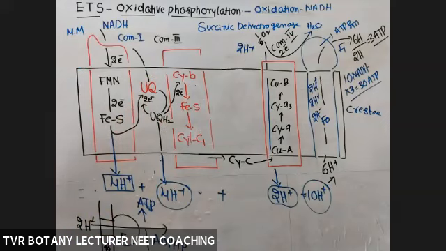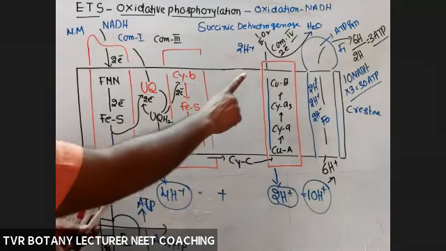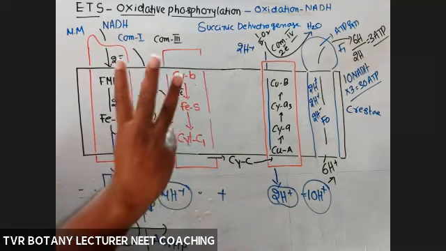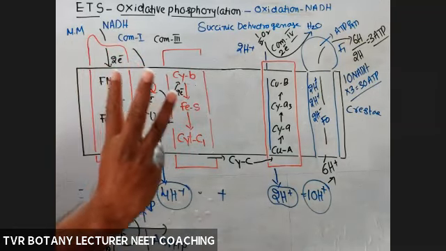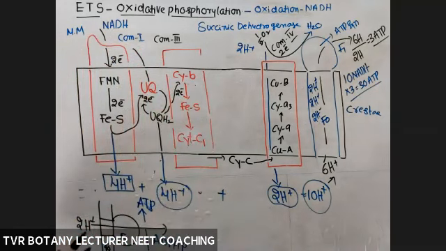Take that one. Of course, the glycerol phosphate shuttle system and malate-aspartate shuttle systems are there, but they didn't explain them in our textbook. Simply, one NADH accounts for the formation of how many ATP molecules? Go for that one only. Okay, right? Is it clear?